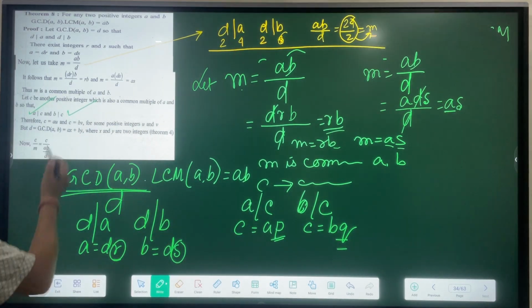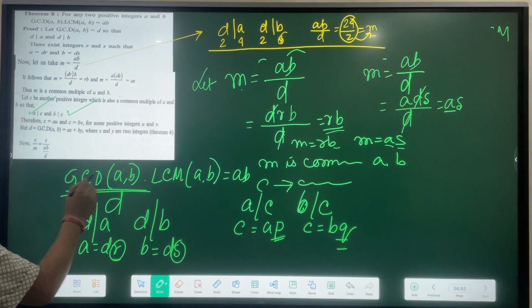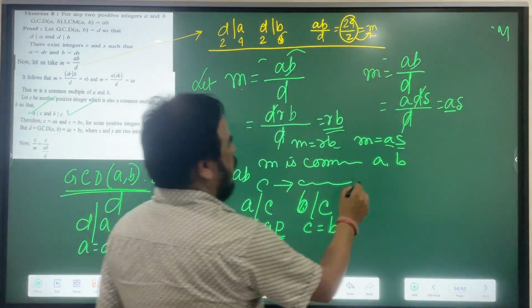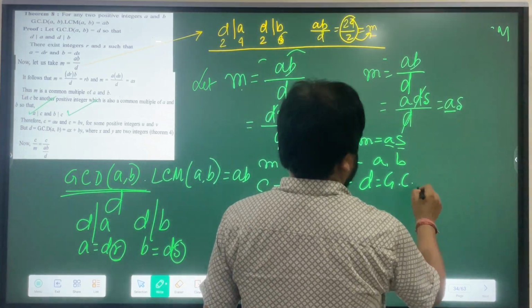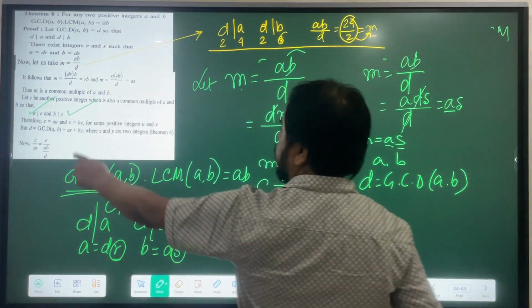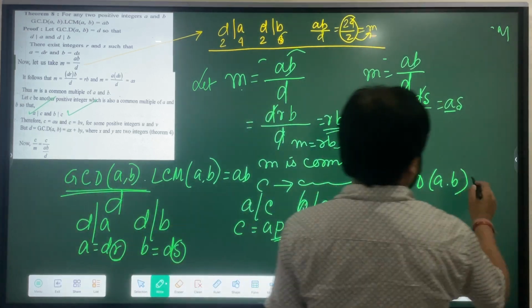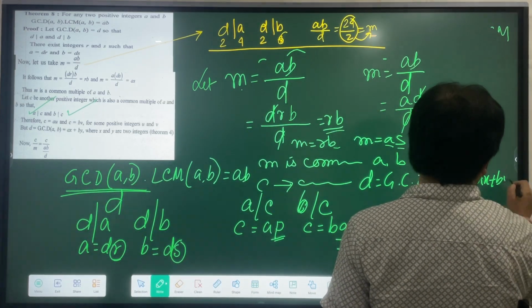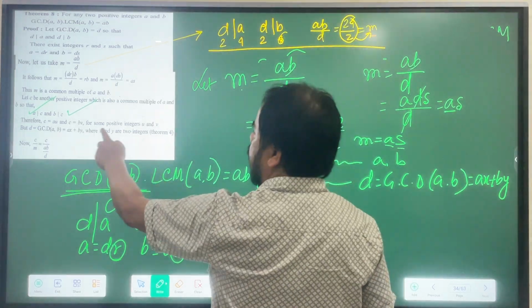D equals GCD of A and B. This one we know is AX plus BY, where X and Y are two integers. This we already got in the theorem.